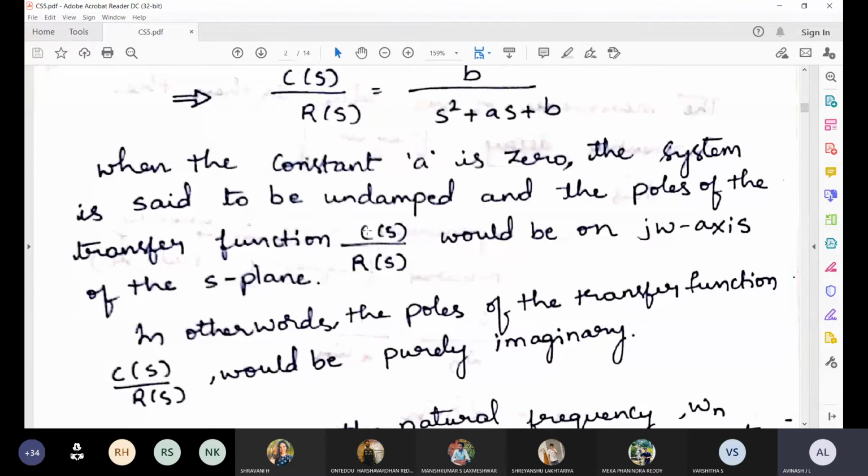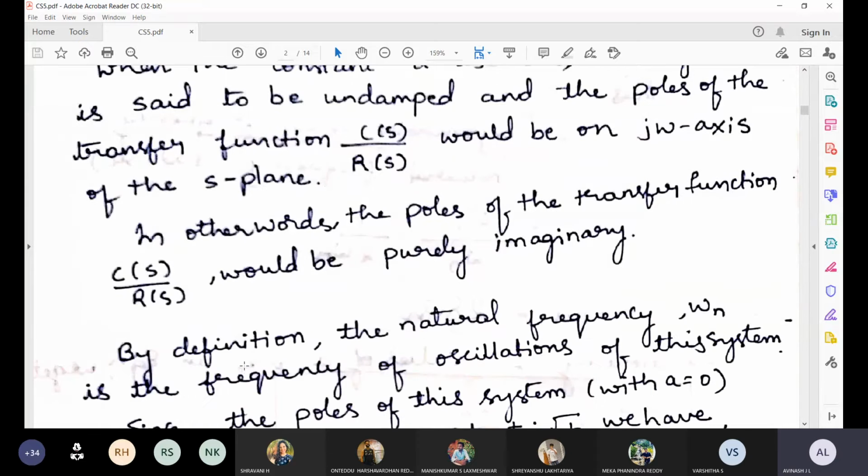So when you're talking about poles, s square plus b equal to 0, obviously the s value will be purely imaginary, because we are taking the square root of minus b.